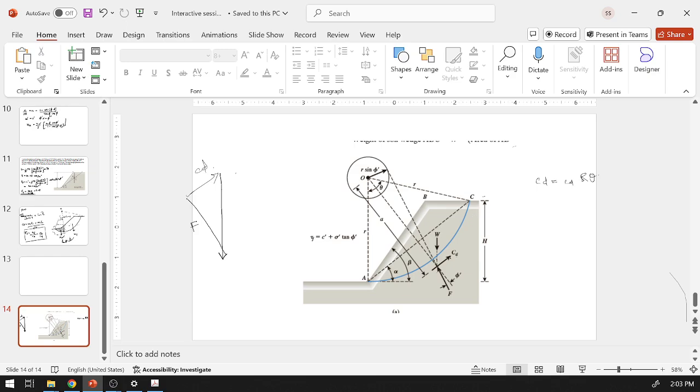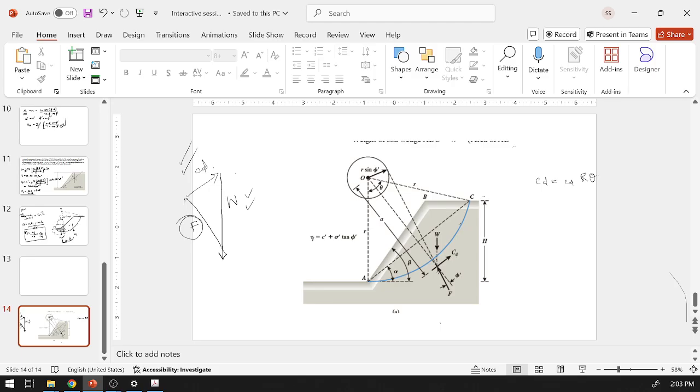This is the direction of CD. We know the direction and magnitude of W, and we know the direction of CD. From here, we can calculate the magnitude and the direction of F, isn't it? So this F is basically the resultant force which is acting here.